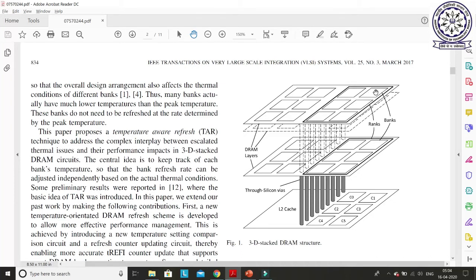It is possible, and there are many reasons for this. One possible reason may be process variation. Because of some process variation or design-time issues, the operating temperature of this bank is very high.